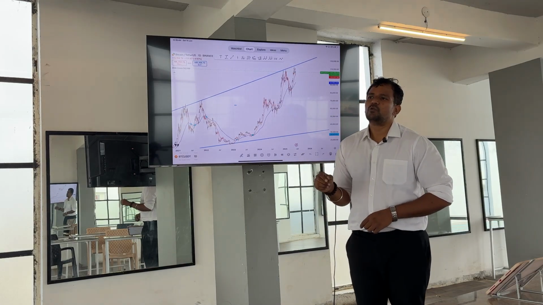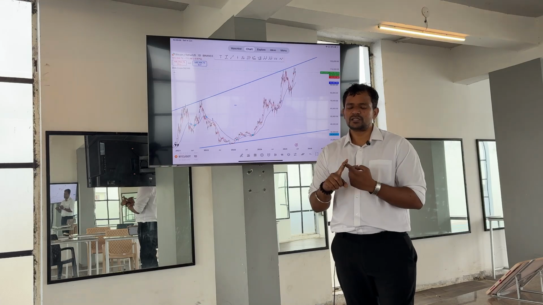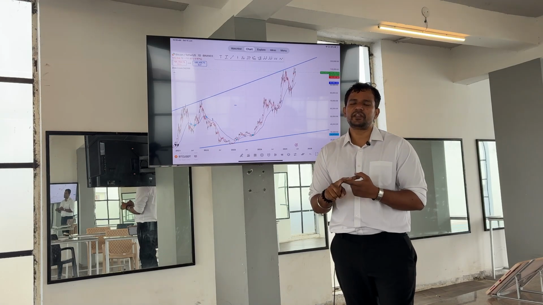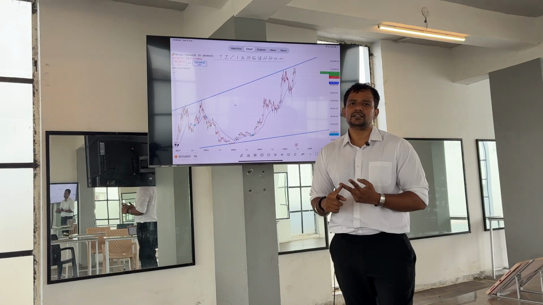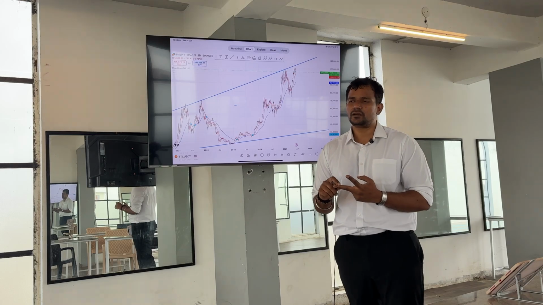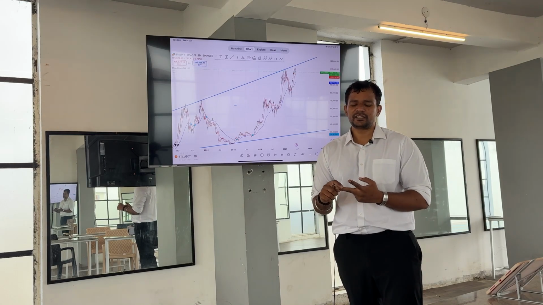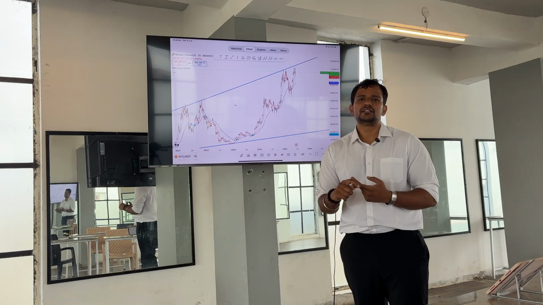Cross means we are taking two simple moving averages. One simple moving average input is 50 bars, 50 candles, and another simple moving average is at 200. So 200 days of activity is calculated in the 200-day simple moving average, and 50 days of activity is calculated in the 50-day simple moving average.